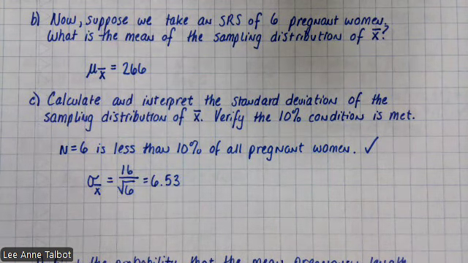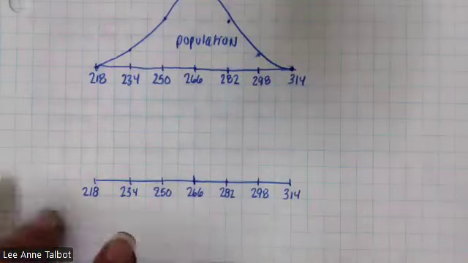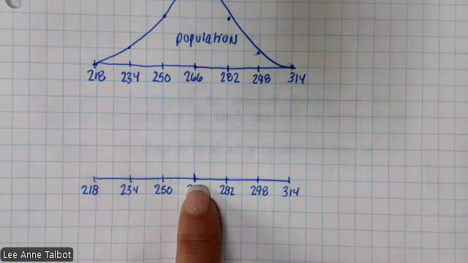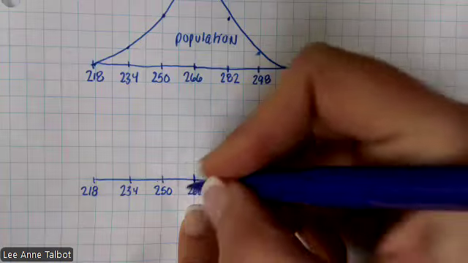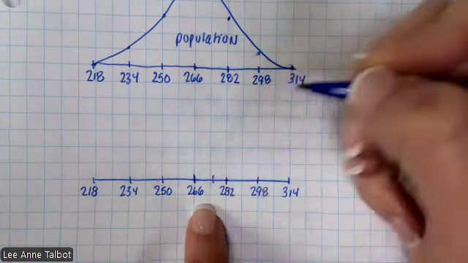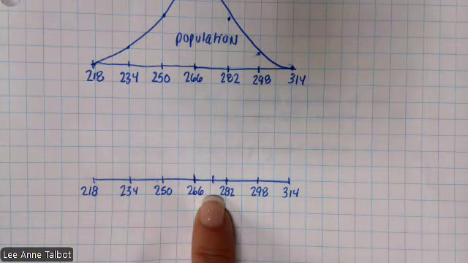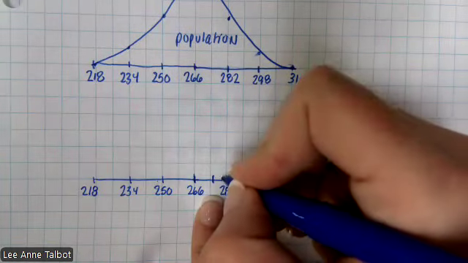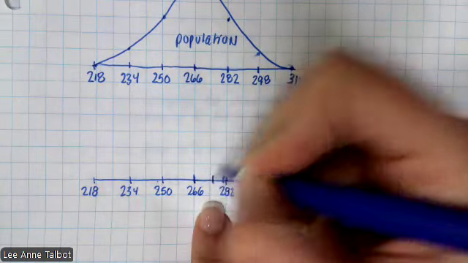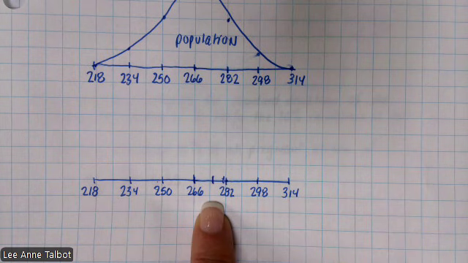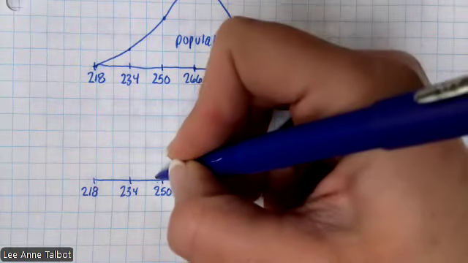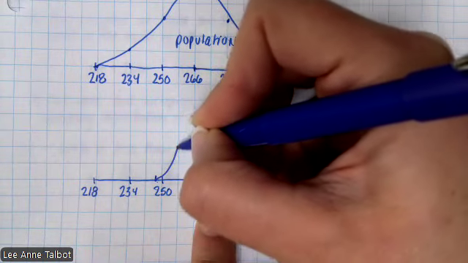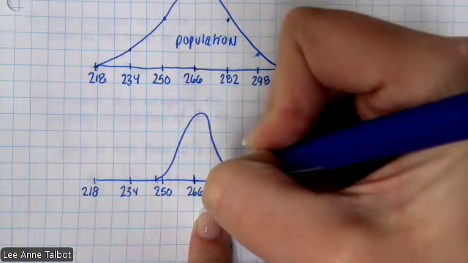Okay, now, just before we interpret, come back here. So the standard deviation of the sampling distribution is 6.53. So if I go 266 plus 6.53, that gives me 272, which is like right here, plus 6.53, 279, which is like right here. Man, I must have estimated that wrong. Plus 6.53, 285. Okay, so if I go out the same amount on this side, that's terrible.